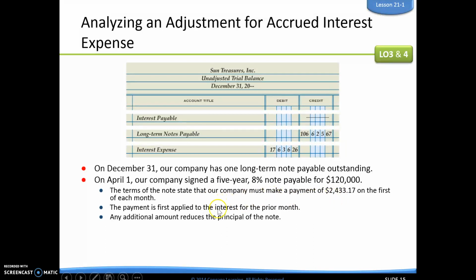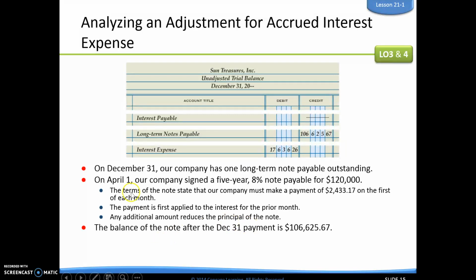That payment is applied to the interest first, and then any additional amount reduces our principal, or the overall value. This is like paying student loans, a car payment, or a mortgage payment. You make a payment of $2,433, but that doesn't actually reduce your debt by that much. Some of it always goes to interest. And so this is exactly what we're doing here, talking about accrued interest expense.